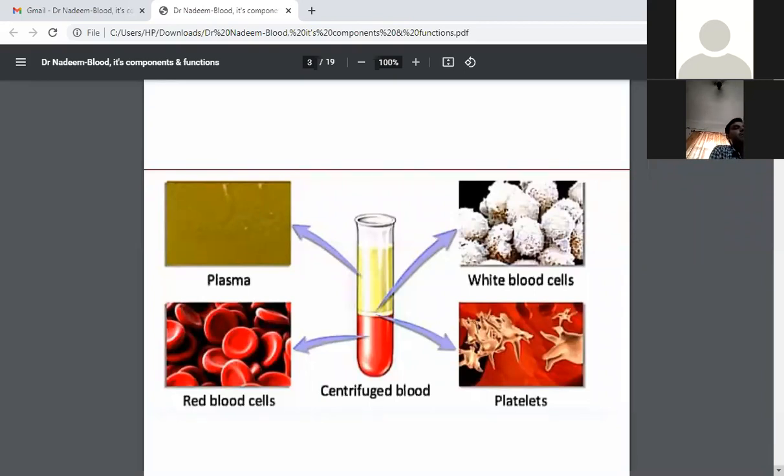Yes, anyone can tell? What is plasma? First you tell about what is plasma. Why is it differentiated from the rest of the portion? That is red blood cells, white blood cells, and platelets. Those are the cells of the blood.